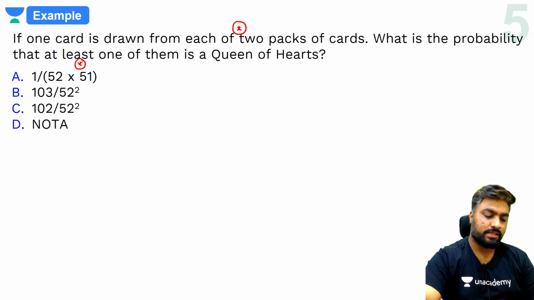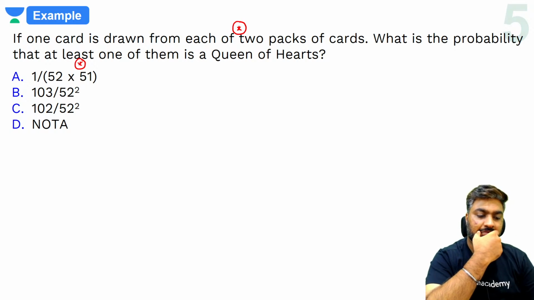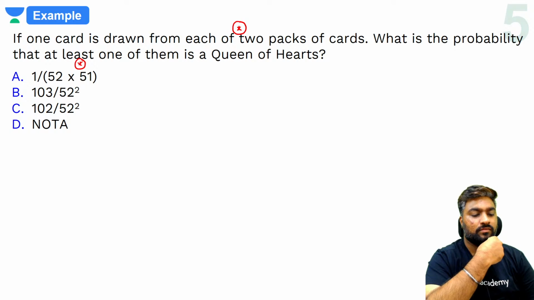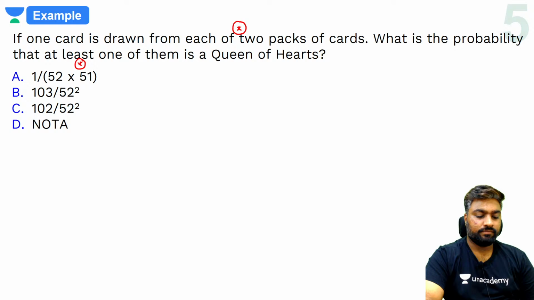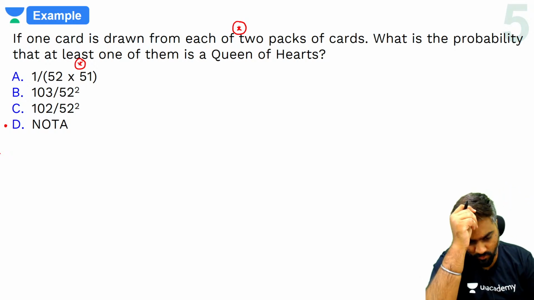Okay. Answers. Think carefully, you don't have to rush. No hurry. Okay, Janvi says 1 by 52 into 52, 1 by 52 square, which is none of the above. Okay, Janvi.